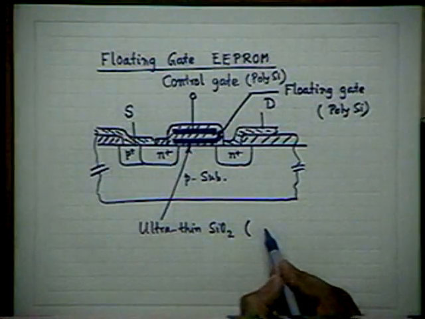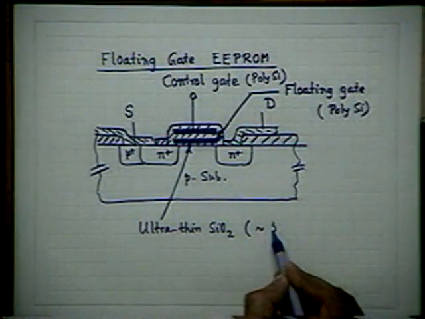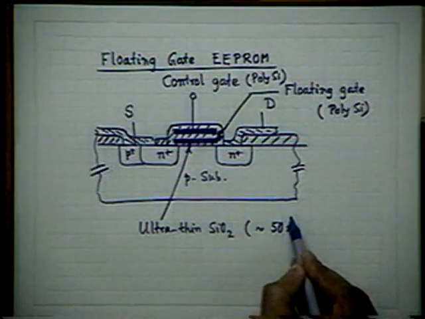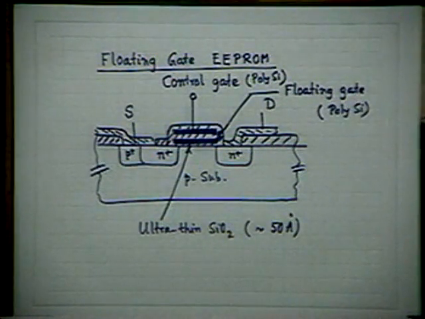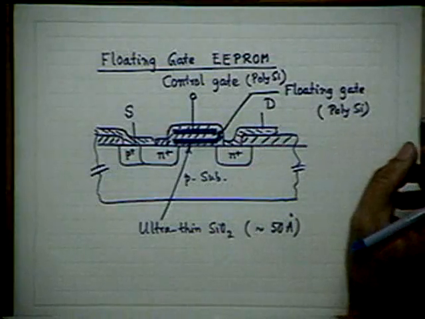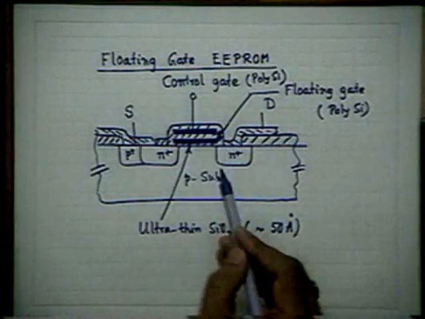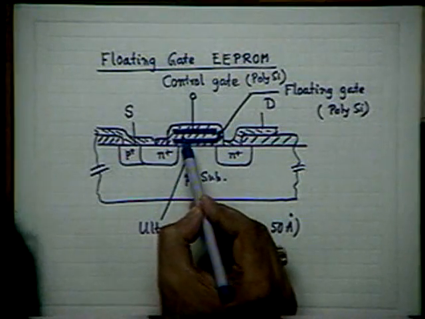Thickness may be even of the order of 50 angstrom. Depending on the technology, initially it was around 100 angstrom. As I told you, it has become almost close to, or sometimes even less than 50 angstrom. Whereas the other oxide may be around 100, 200 angstrom. This oxide is a typical gate oxide.